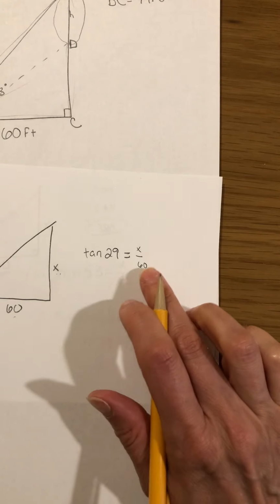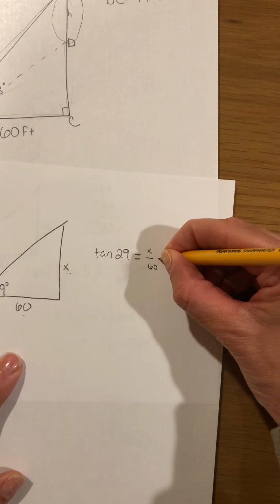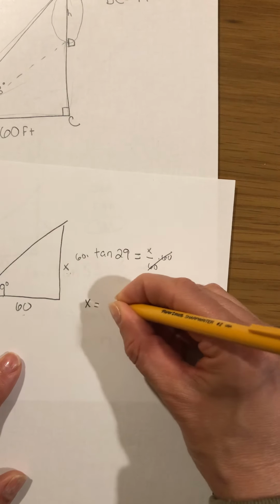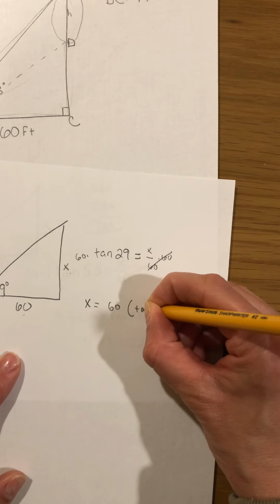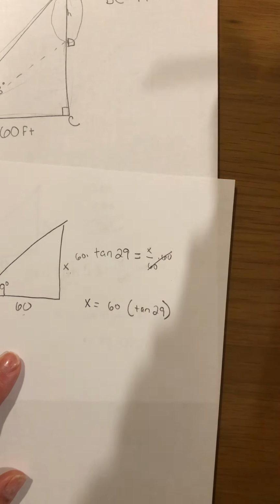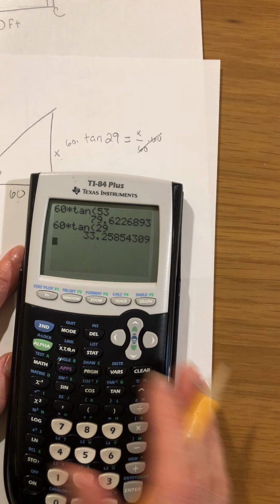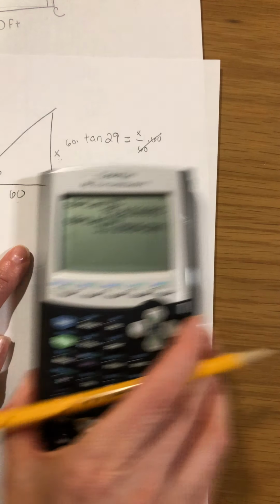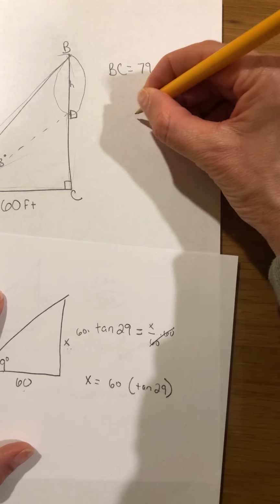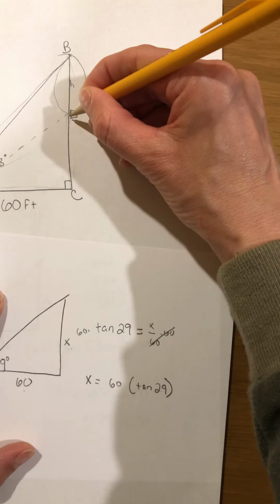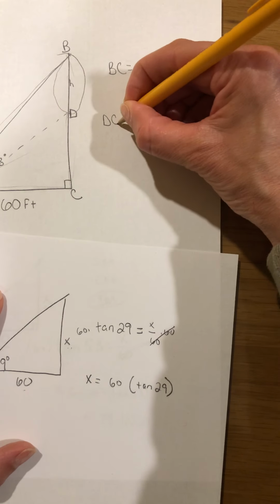Next steps, solve for X or isolate X. Multiply by 60 on both sides. So we get X equals 60 times tangent 29. 33.2585. And that is DC, what I'm calling DC.